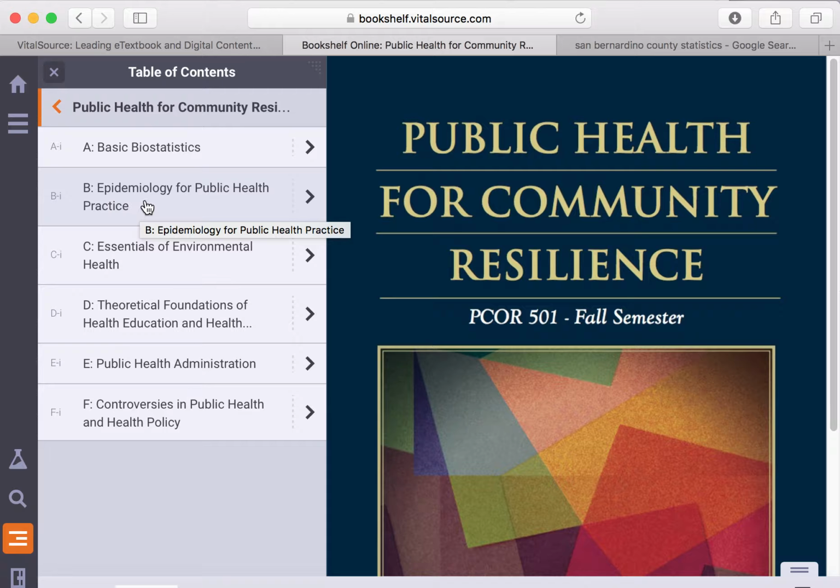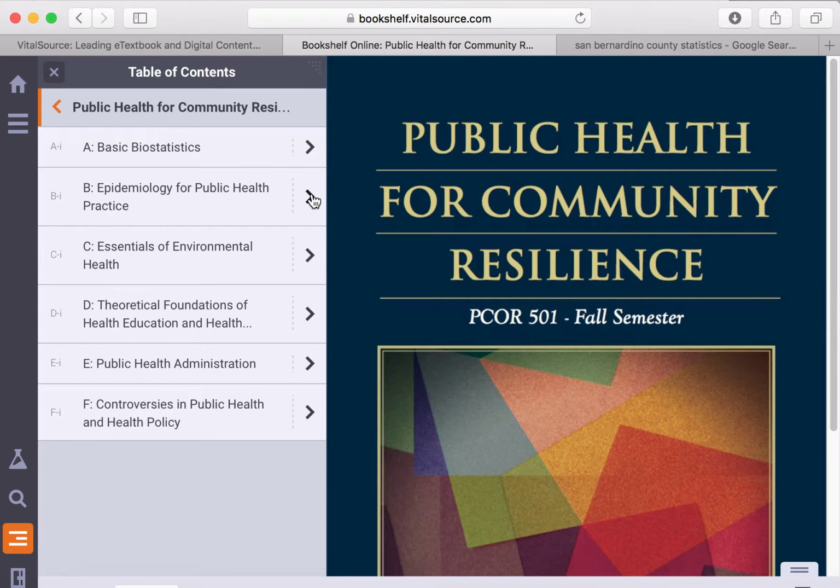For this particular topic, we are interested in epidemiology, and specifically, if I click here on this right arrow, we're interested in Epidemiology Chapter 4, which is titled Descriptive Epidemiology, Person, Place, and Time. So within that chapter, there are even subsections, and you'll notice that you have the introduction, the main sections, the conclusion.